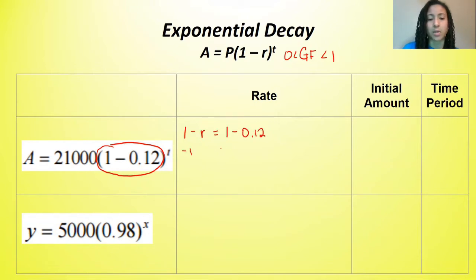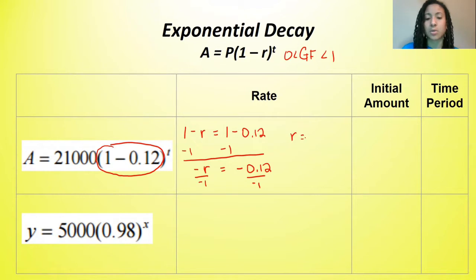If I were to subtract 1 from both sides, we have negative r equal to negative 0.12. But remember, anytime we're solving for a variable, we cannot have a negative variable. So we divide by negative 1. What we do to one side, we do to the other.